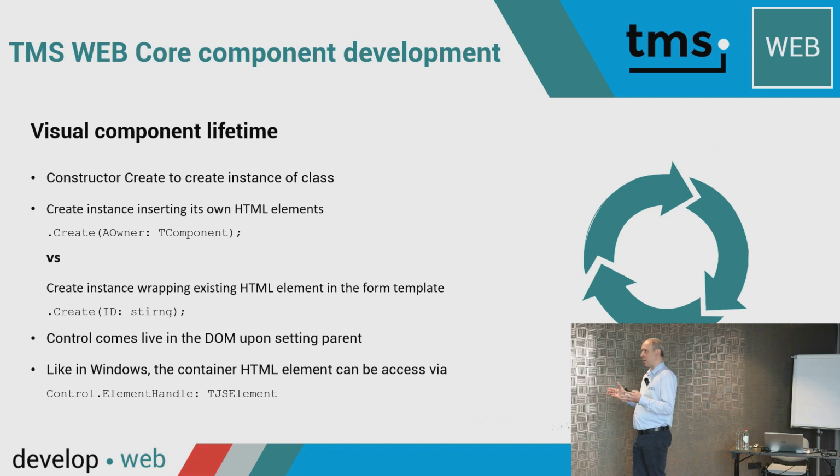And so your visual control in a web core application, in a similar way, only comes to life as soon as there is at least one HTML element that is in your DOM and through which things can start happening. The element can become visible and the element can start receiving inputs from mouse through JavaScript events, in this case through mouse, keyboard, get focus, lose focus, all these kinds of things.